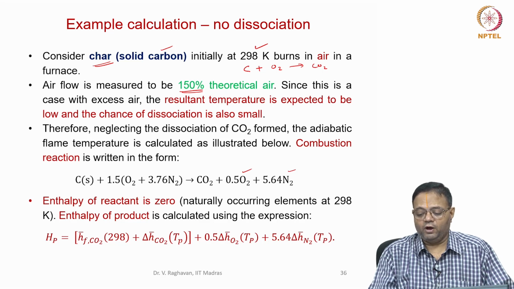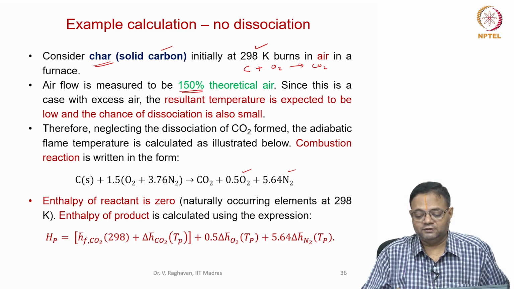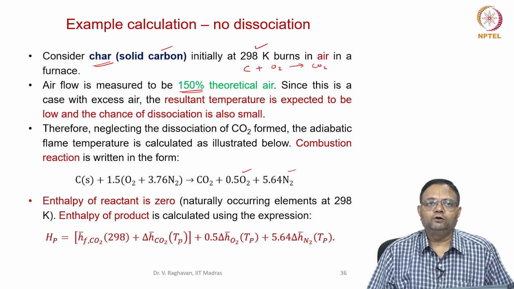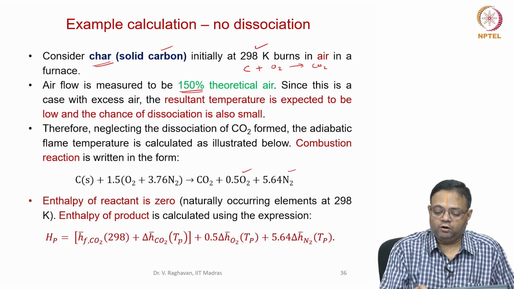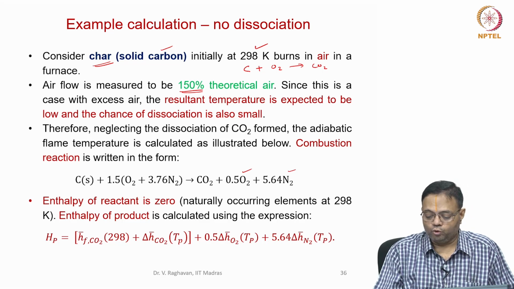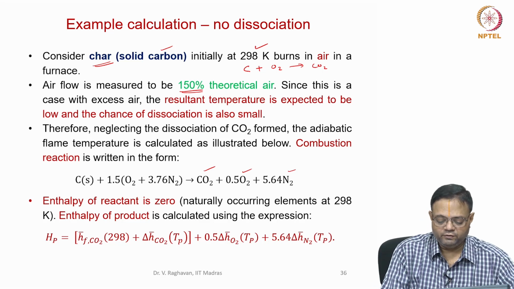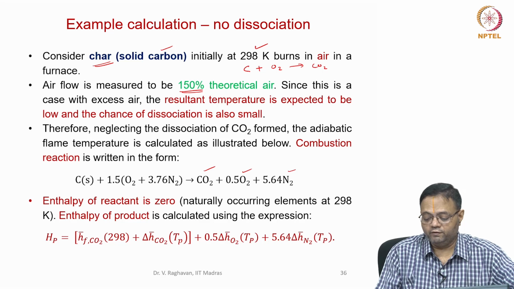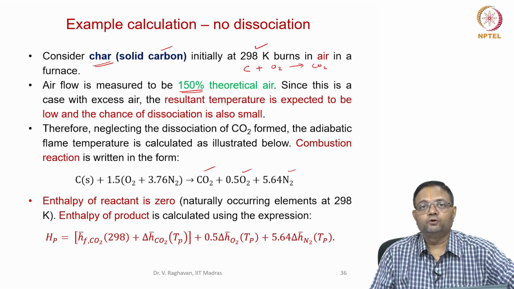Since you have so much heat absorbing species in the products, your resultant temperature can be lower than 1900 Kelvin. So, the chance of dissociation of CO2 is small. Okay. So, the equation is C solid plus 1.5 times O2 plus 3.76 N2 giving CO2 plus 0.5 O2, the excess oxygen comes out, plus 5.64 N2.